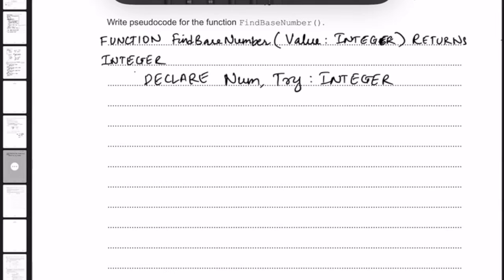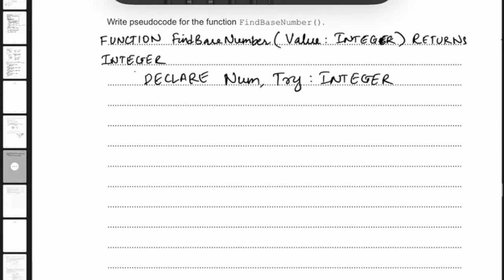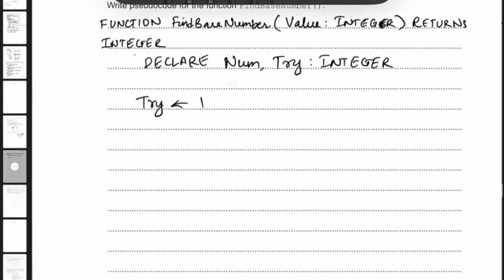Okay, so we'll have to multiply that. Starting from, should we initialize or not? Let's initialize try to 1. That's better. So try to 1. First, we also have to check.